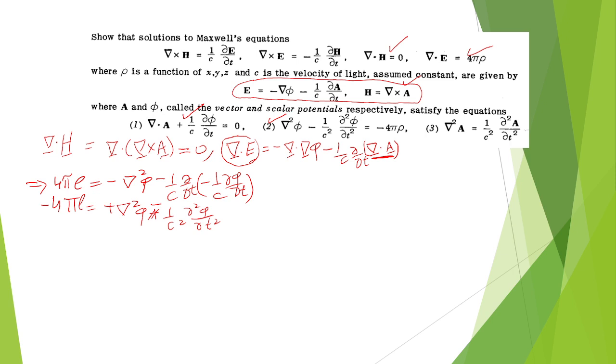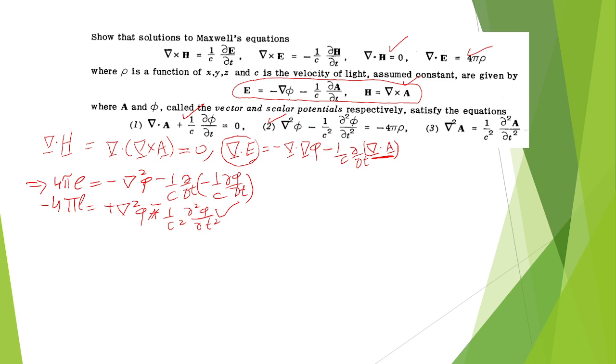So if I take E to be this expression, then it satisfies condition number 2, and this is in fact a wave equation with source charge density rho. That is the condition we have to satisfy. So this E satisfies this condition.